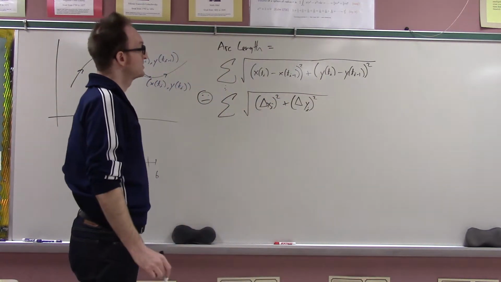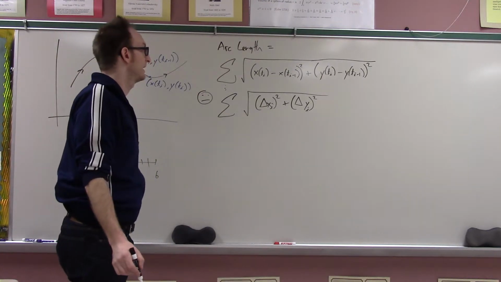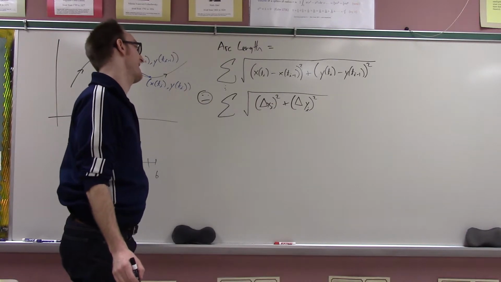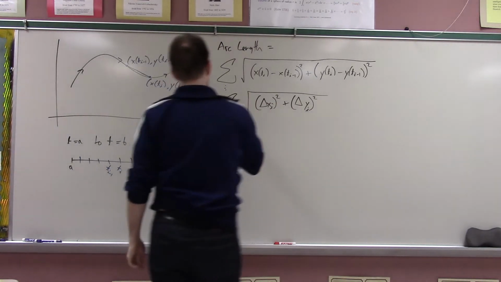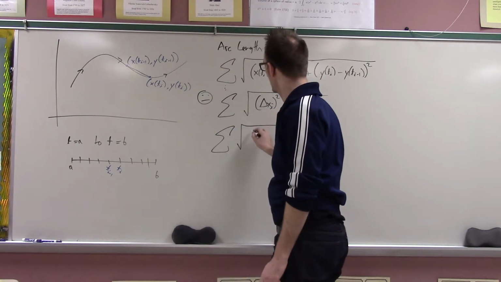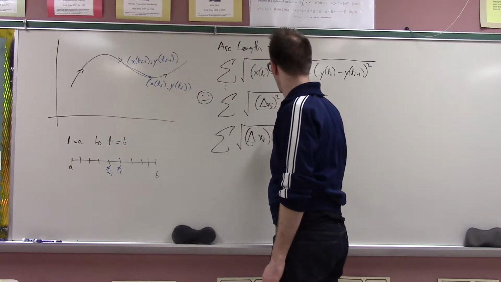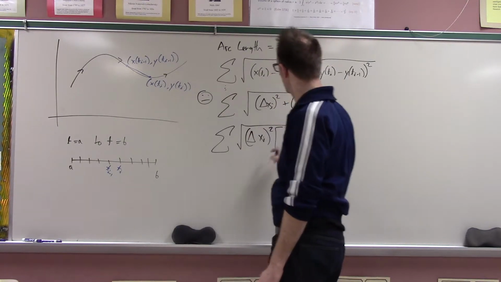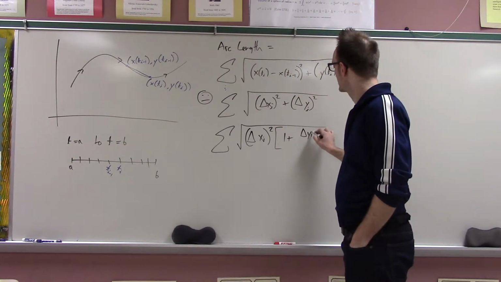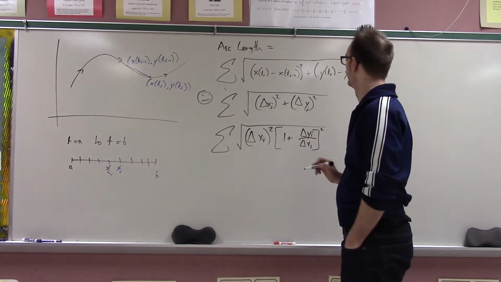What we can now do is factor out a delta x squared here. So we get the sum of root, inside the radical, delta x sub i squared times 1 plus delta y sub i over delta x sub i squared.